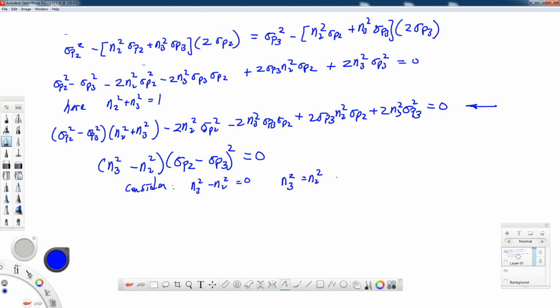And both of these, n2 and n3, would then be equal to plus or minus 1 over the square root of 2. In terms of direction cosine, that means 45 degrees. Right, so our full set for this particular case that we're looking at is a unit normal vector that looks like this.